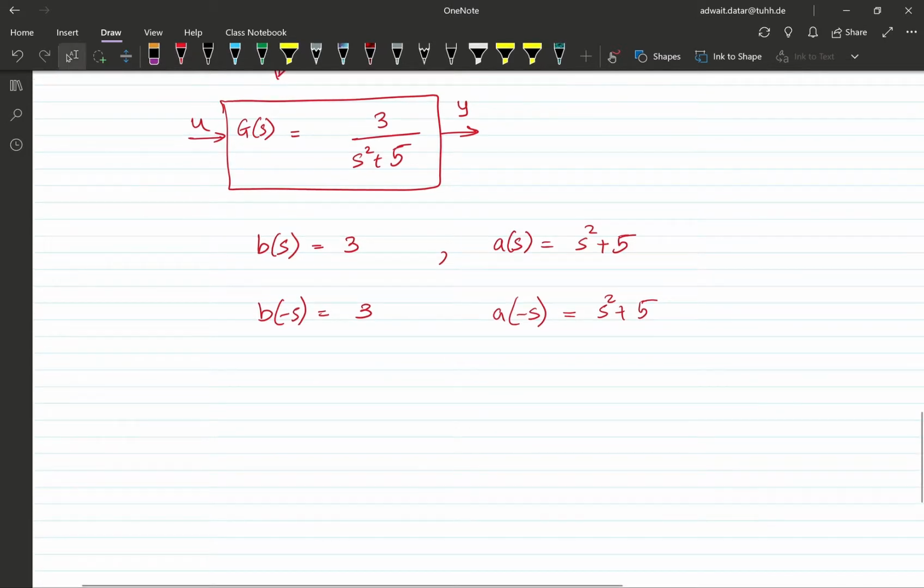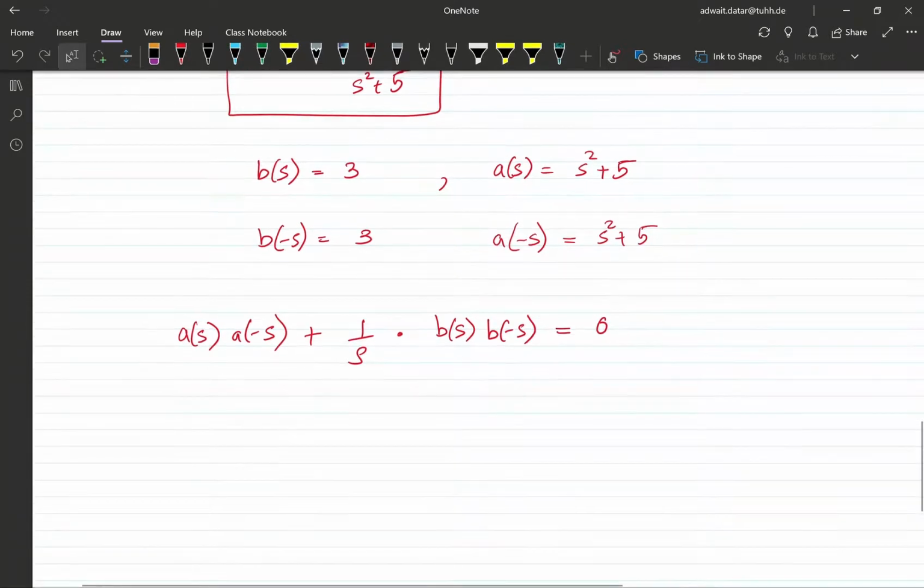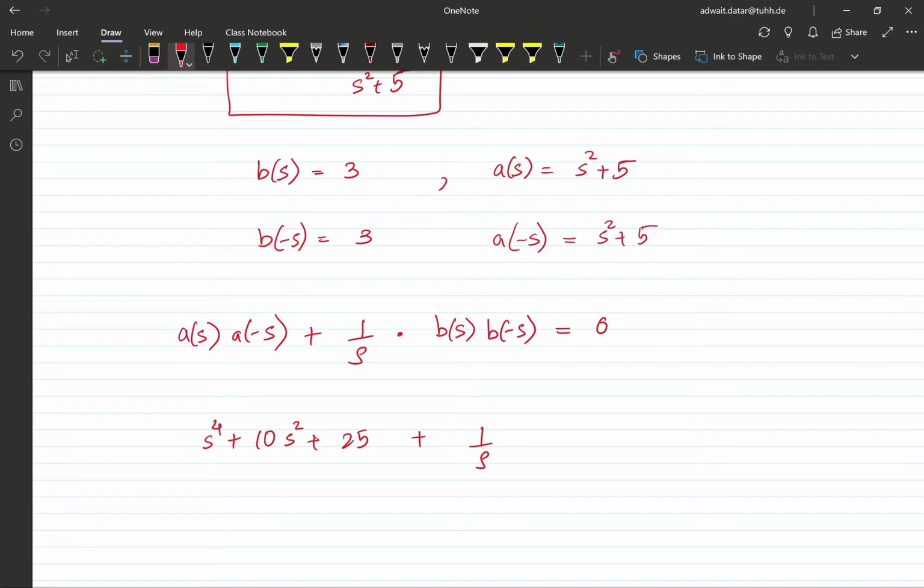So then by using the spectral factorization result, we have A of s times A of minus s plus 1 over rho times P of s times P of minus s equal to 0, which means we have s to the 4 plus 10 s squared plus 25 plus 1 over rho times 9 equal to 0.